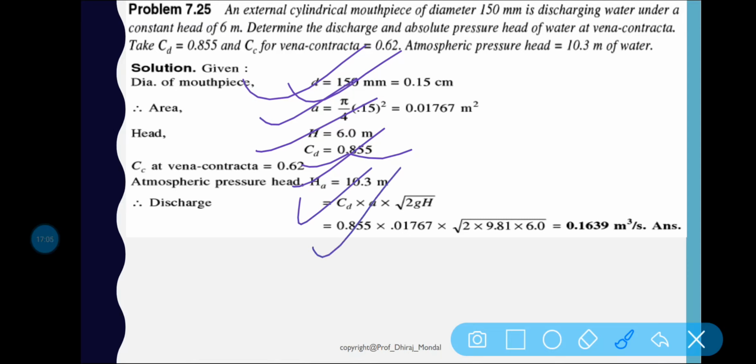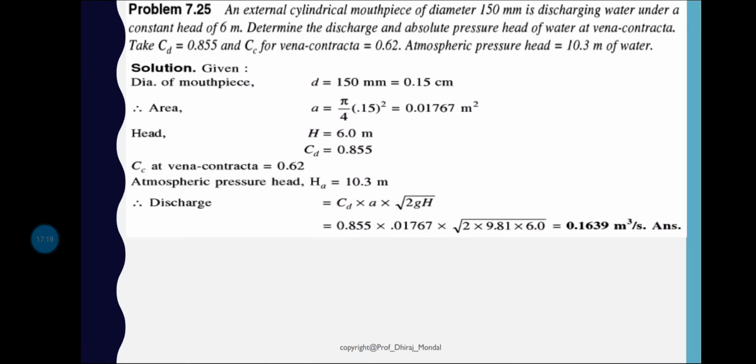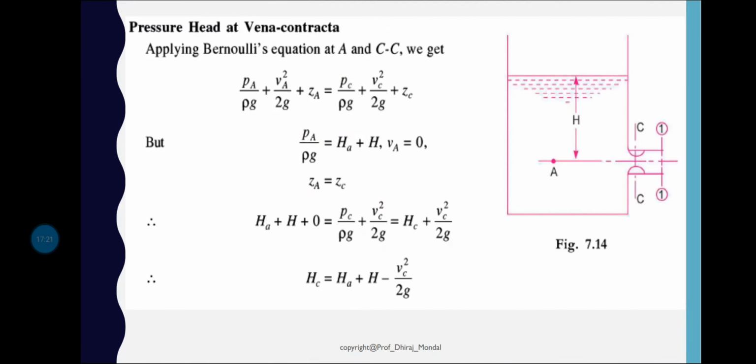Area we already have, root over 2gh is the velocity, head is given, so you can find out the velocity. So discharge is 0.1639 meter cube per second. Very easy problem, na?